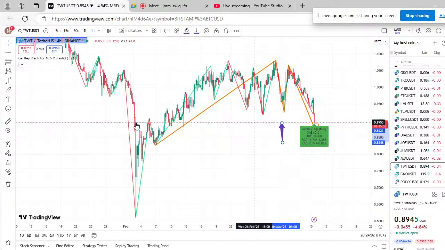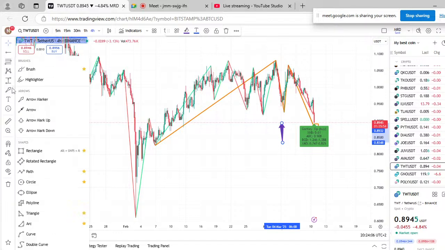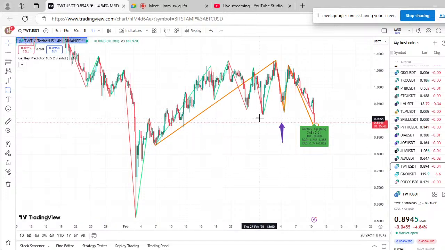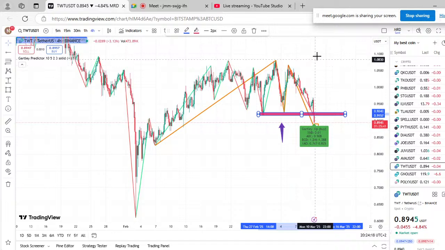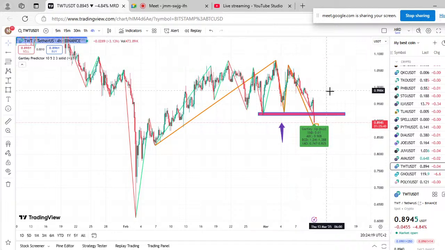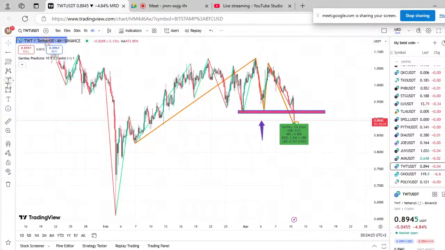But to me, if I was taking profit, I could look at the previous low. This area here, I could take it seriously. Here, I couldn't exceed if I was trading this coin.